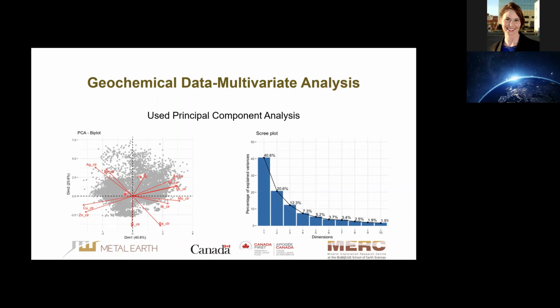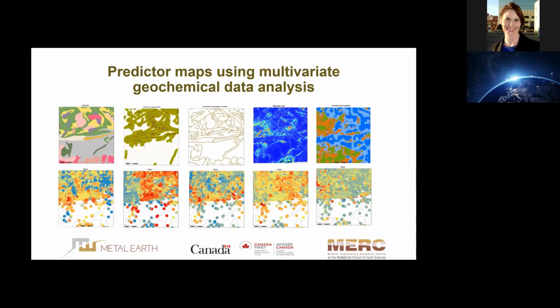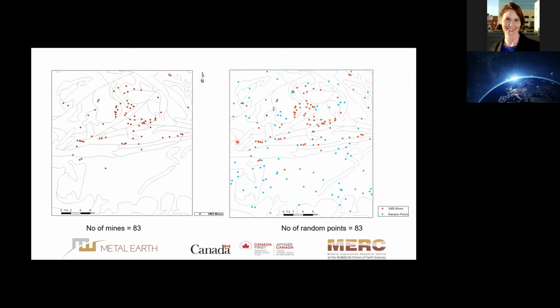So we can import that into our maps. Again, instead of looking at the individual univariate analysis, we can in fact look at the principal components, because each principal component we can name. As I said, this one is a gold silver component here. These are just a summary of the maps we've already talked about that we've put into our models.